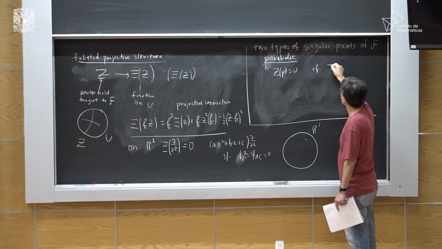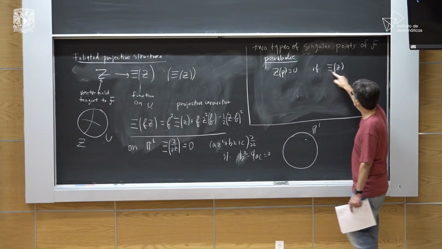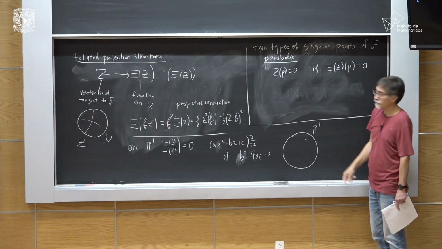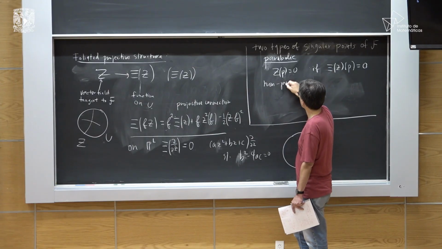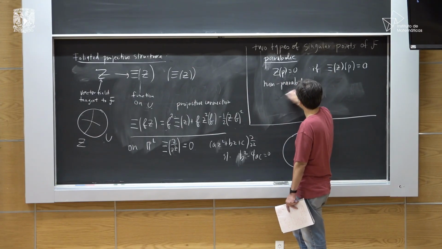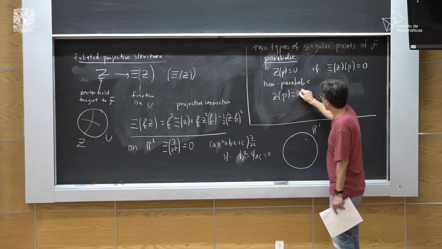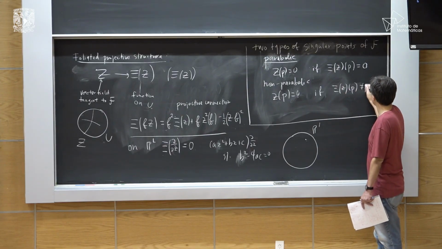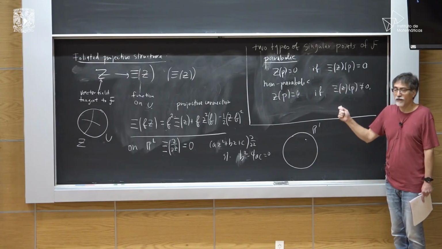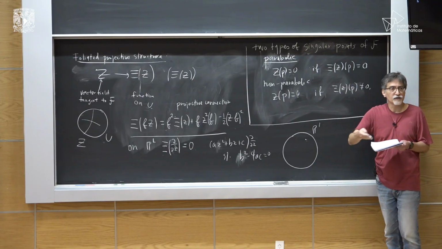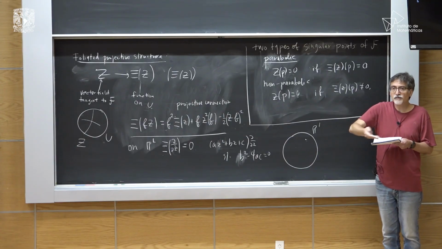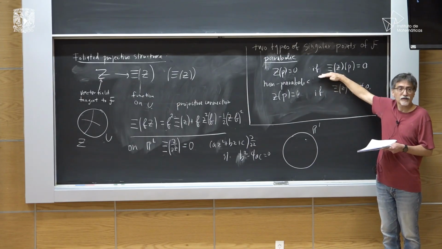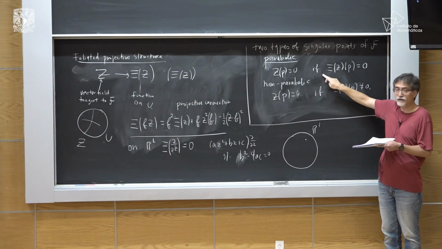So this is a function, and I can evaluate it at P, and if this is 0, okay? And non-parabolic, so I have still a singular point if... okay? So if my foliation is given by a vector field, and this same vector field gives me the projective structure, its parameterized solutions give me the projective structure, then I will call it a parabolic vector field. The singularity will be parabolic.